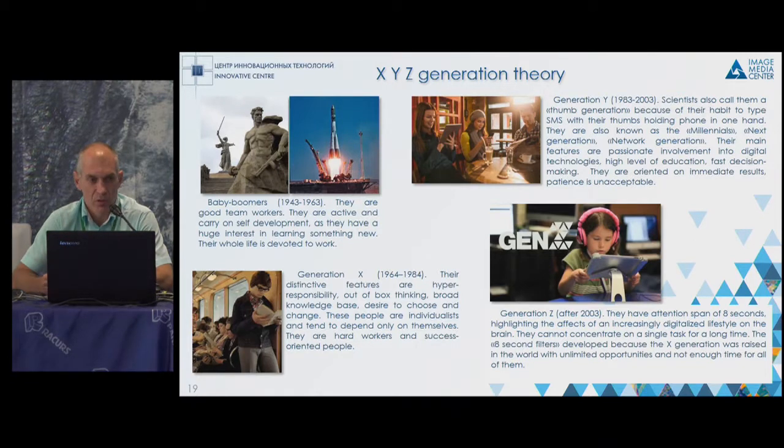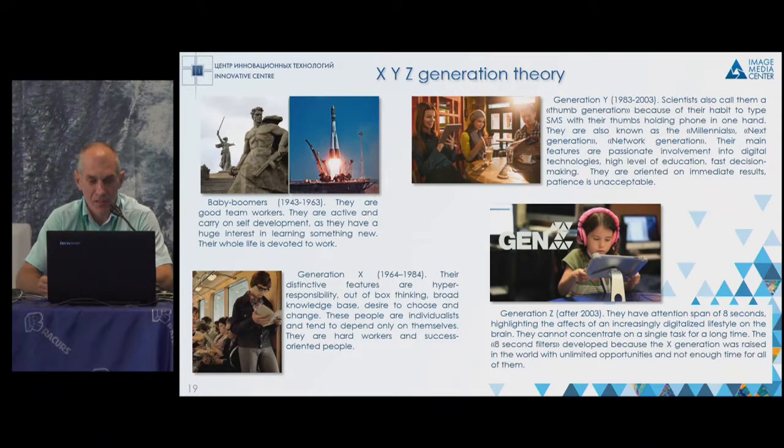They are known for a high level of education, but their quality and tempo of life have changed, and they're impatient. They cannot keep focused on the same thing for a long time. They need to get an immediate result.